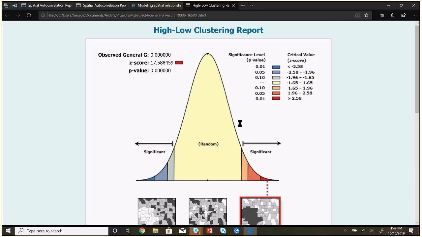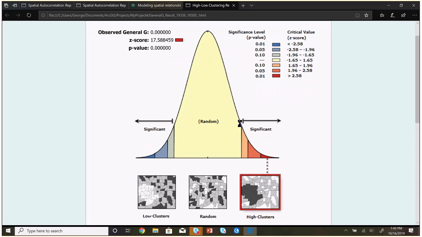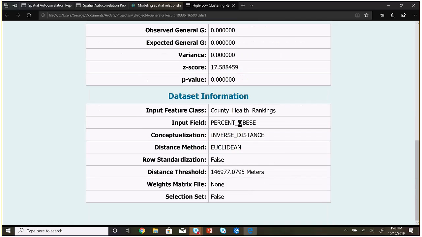This one actually doesn't output a map either, but it's getting closer to a map, because it's basically telling you if it was significant because there were lots of high clusters or because there were lots of low clusters. So here is the high-low clustering report.